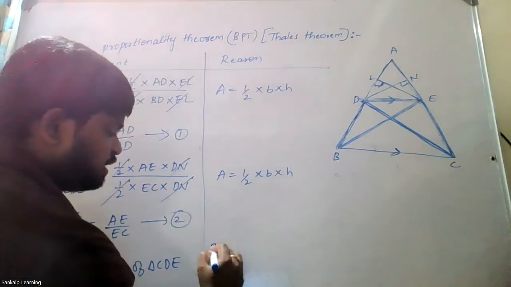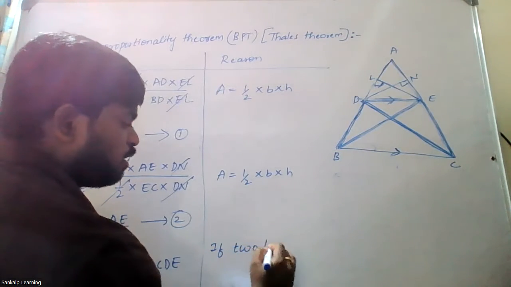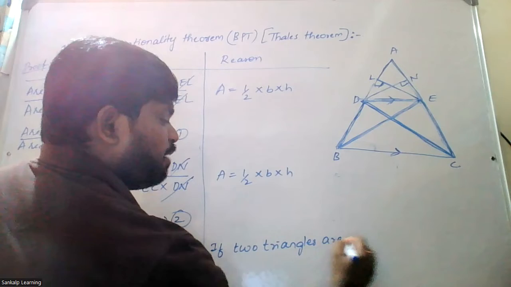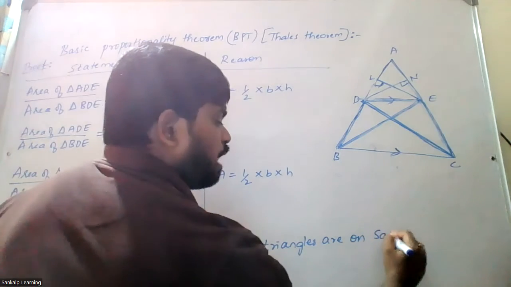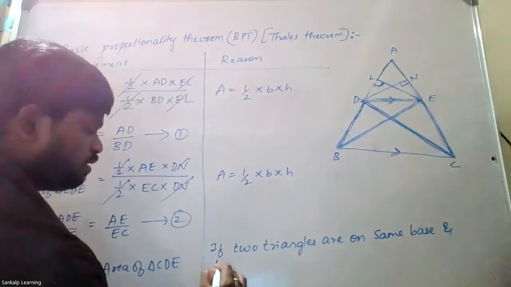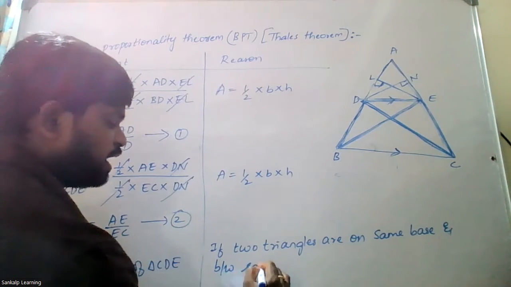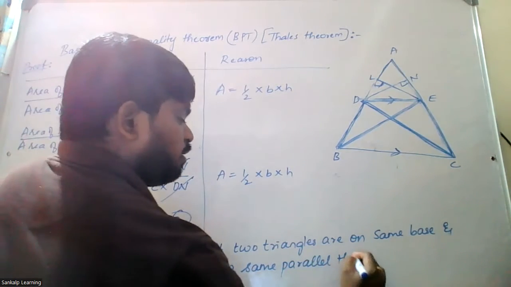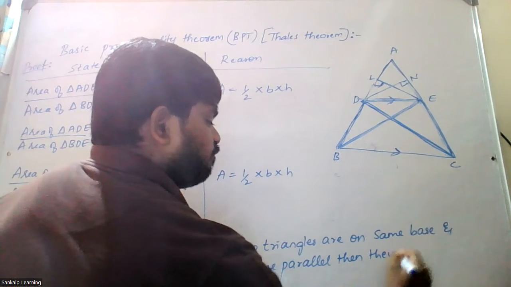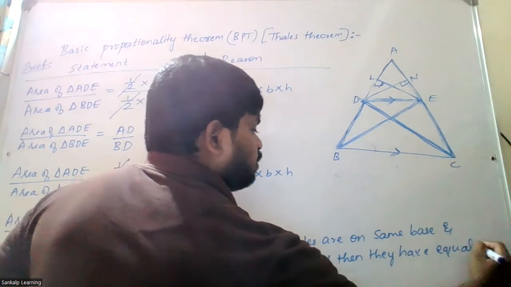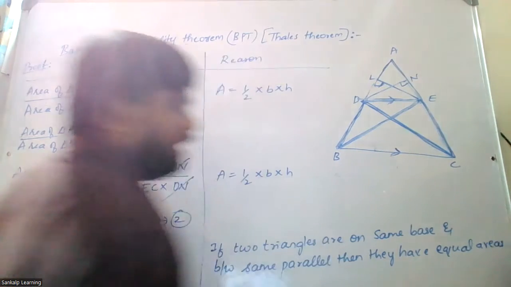If two triangles are on the same base and between the same parallels, then they have equal areas.